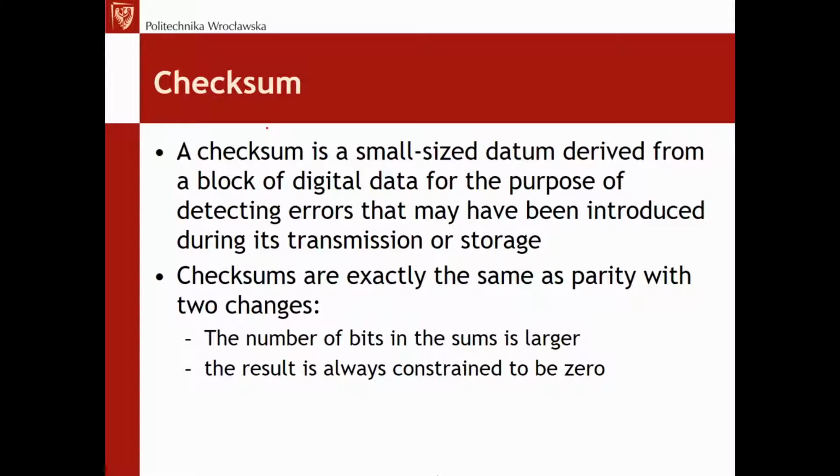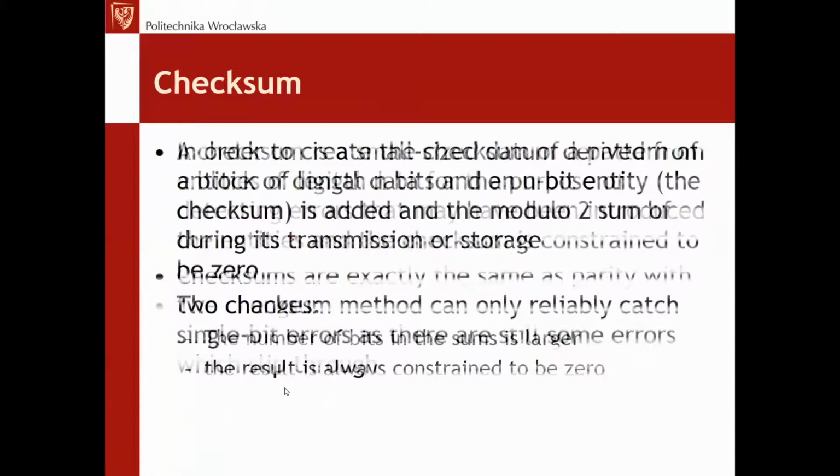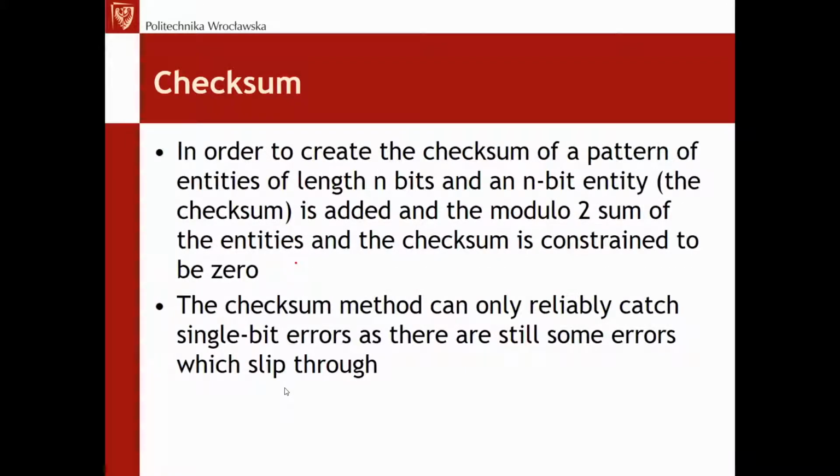Checksums are actually very similar to parity. It's an extension of parity, but instead of working on bytes only, we are working on blocks. This is a small but game-changing feature of the checksum, because we can use it on any block size. We can decide what the size of the checksum will be.